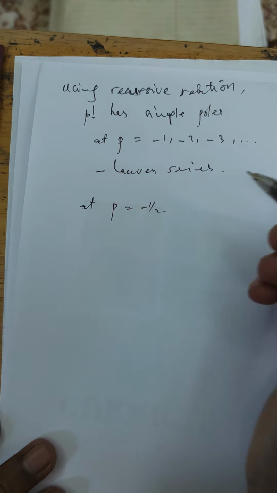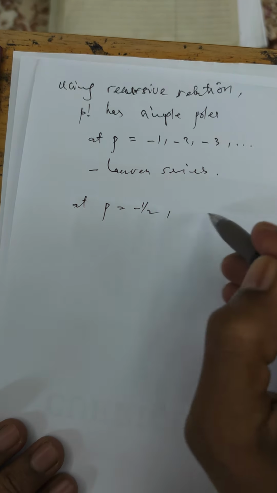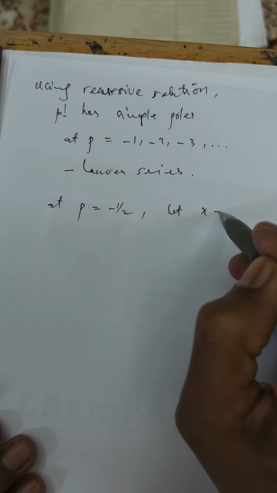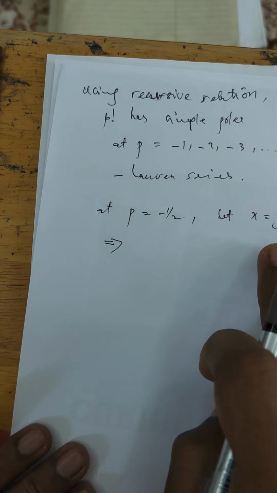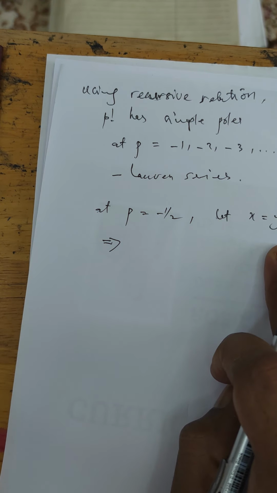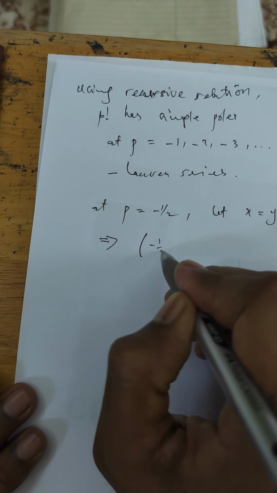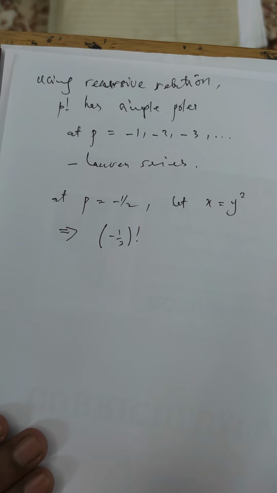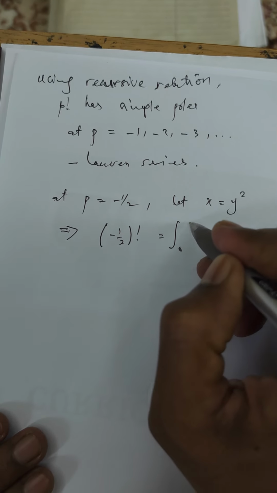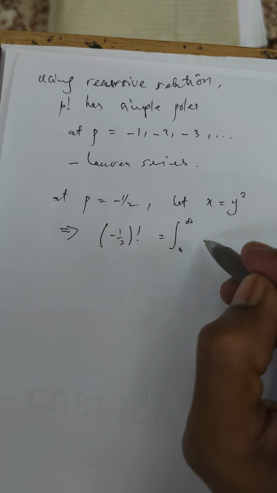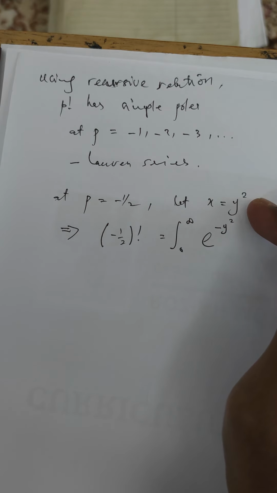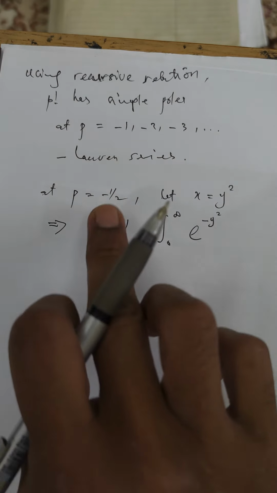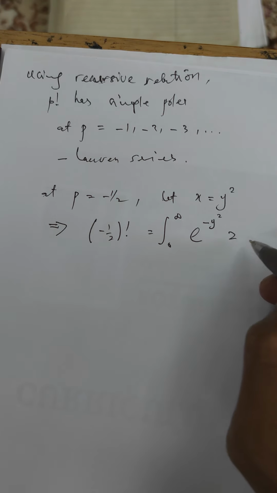And then at p equal to minus half, if we change variable, let x equal to y squared, and substitute into the factorial, we have (-1/2) factorial equal to the integral from 0 to infinity of e^(-y^2) times 2 dy.